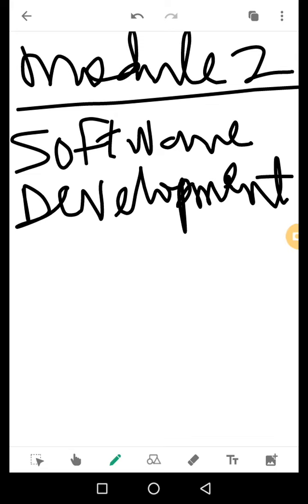Number 1, market research. That is, number 1 of the stages of software development is market research. When we say market research now, here, the developer will organize efforts to gather information about markets or customers.